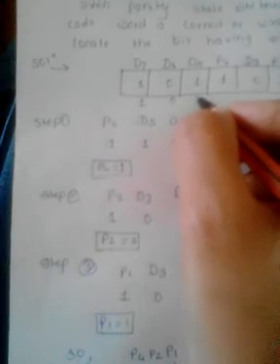So the final corrected code here is: the 1 is converted into a 0 for the correction.